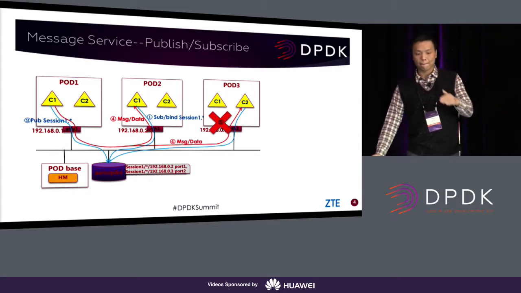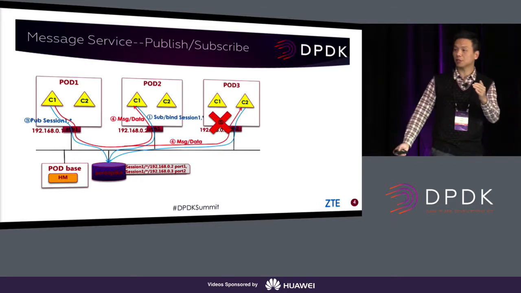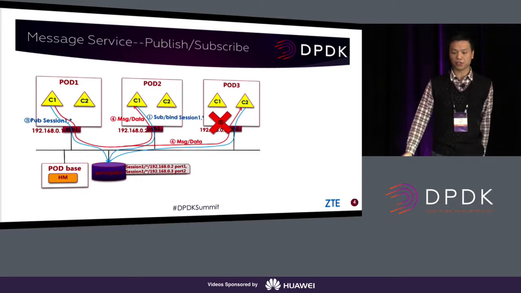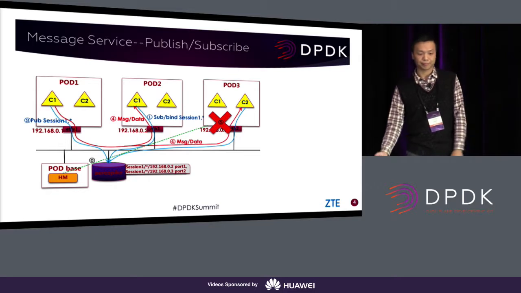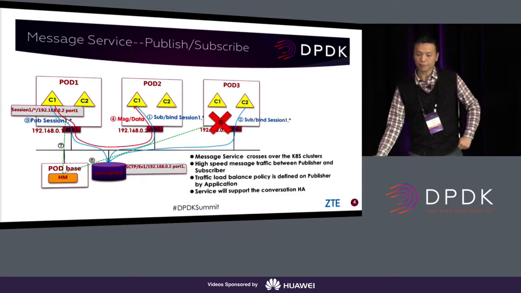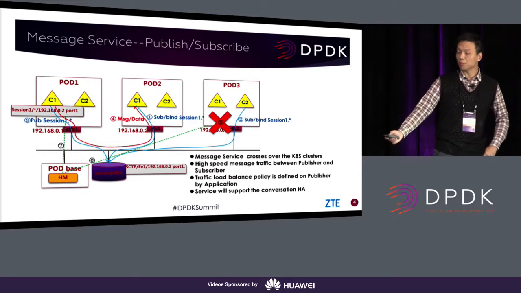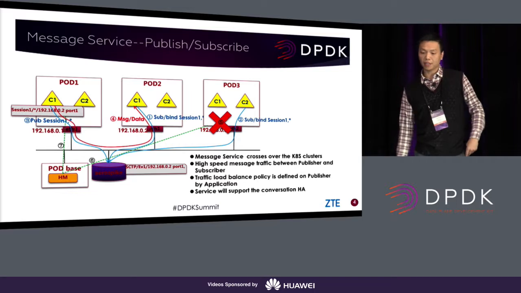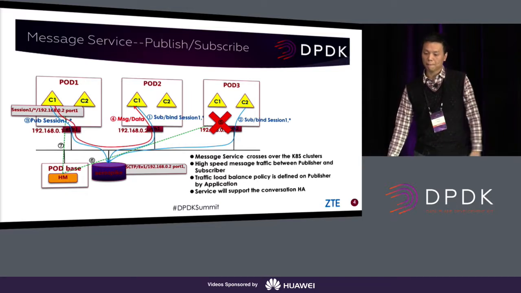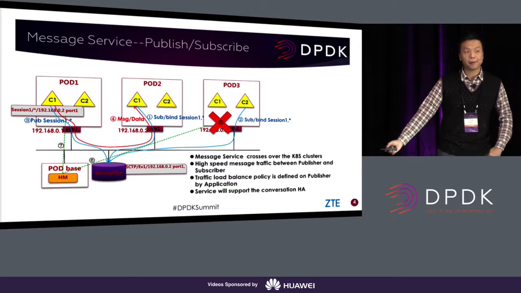The other ports that don't subscribe to the service will discard the message. The message service crosses over the Kubernetes cluster, and it achieves high-speed message traffic between the publisher and subscriber.